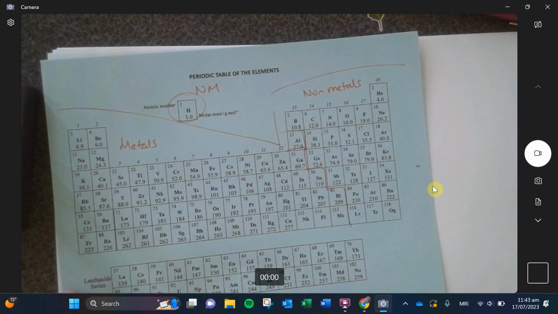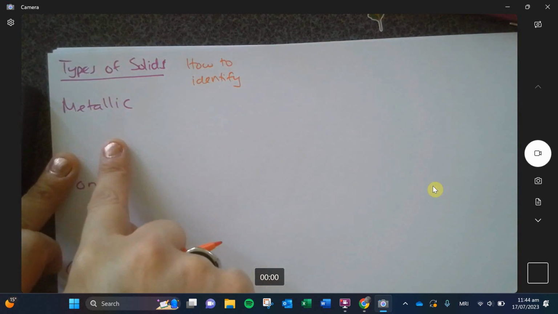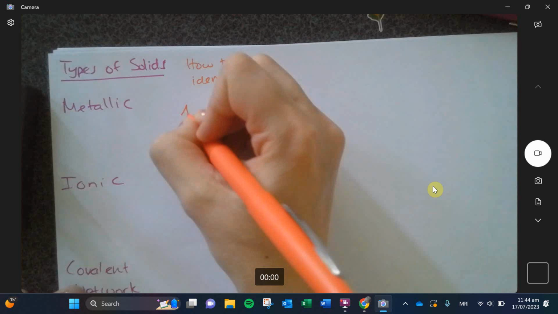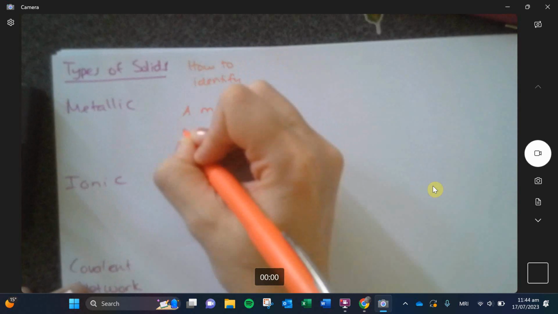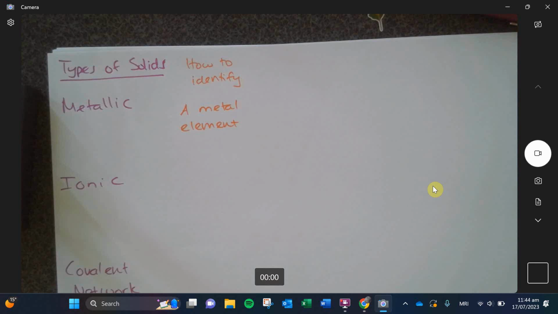We good? All right. So if I am dealing with something that is a metallic solid, it should be a metal element. So any metal element. It could be gold, silver, tin, aluminium. Basically looking for one thing by itself.